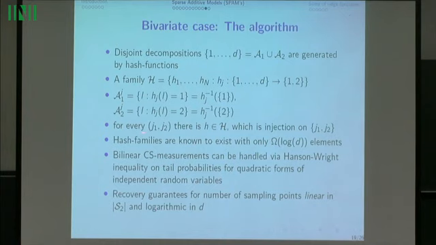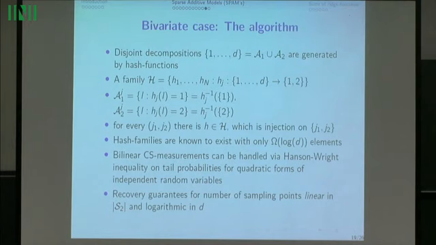So we reuse this idea and make use of it again. Essentially a hash family is a family of functions from 1 to d into 1 to 2, and what gets mapped to 1 is in one set, what gets mapped to 2 is in the other set. In that way you get bilinear measurements.